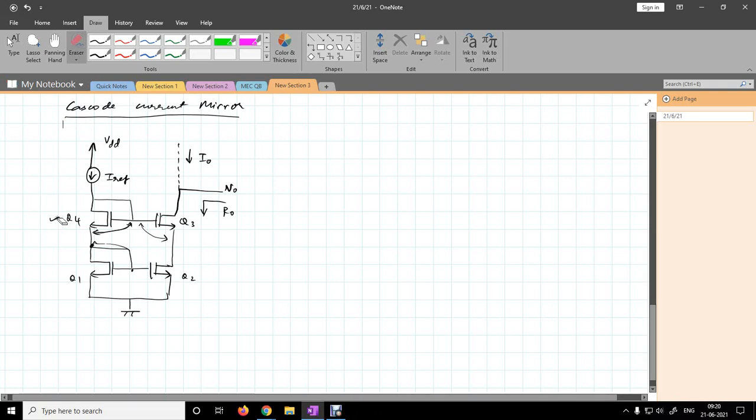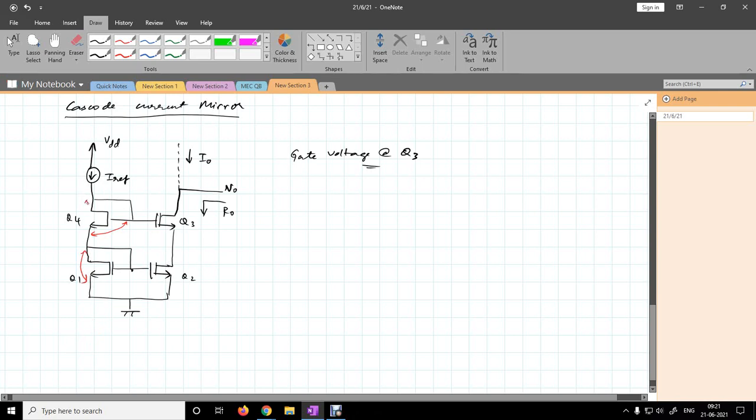So in this, if you calculate the gate voltage at Q3, which is actually this voltage plus this voltage, right?